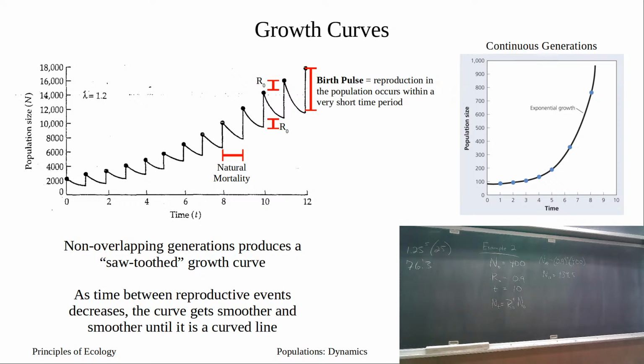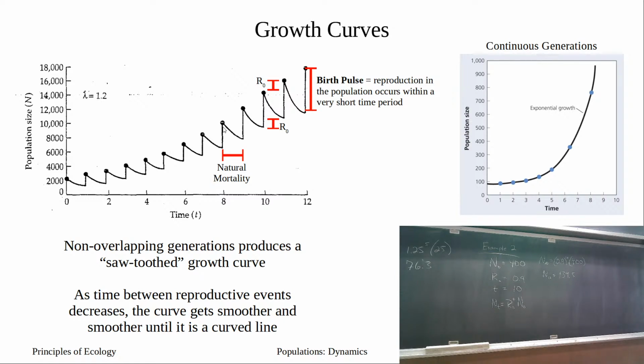Now this is for discrete growth, discrete generations. But through time, evolutionarily, we may start to transition to more of a continuous type growth because perhaps conditions are favorable year round. So what ends up happening is we start taking that time between reproduction and start shrinking it. And as we shrink it, we start getting these birth pulses closer and closer together.